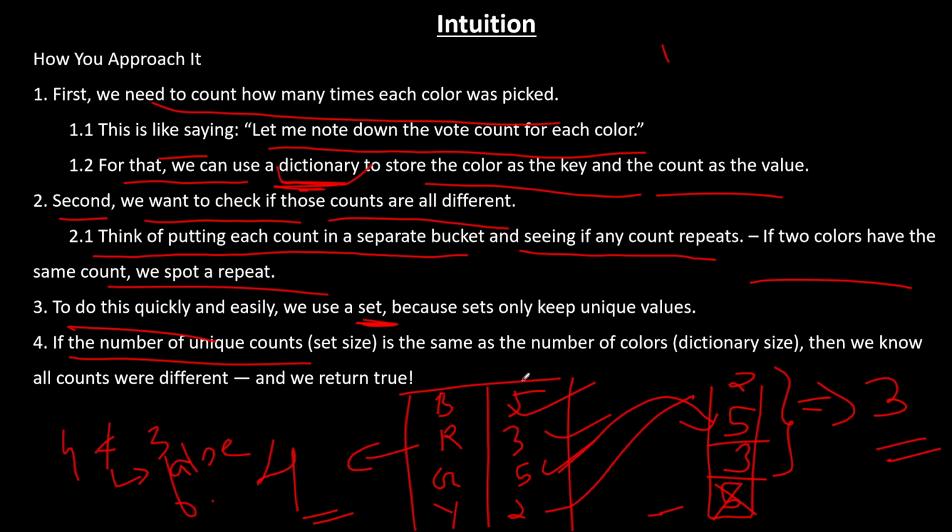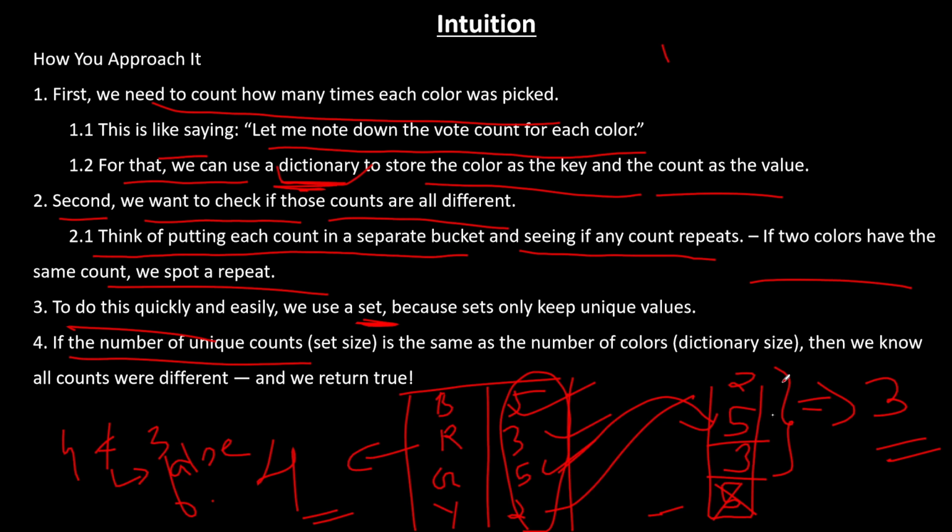Because if in the map or dictionary all the counts on the right-hand side had been unique, then the count in the set would also have been unique, because a set stores unique values. Since two of the counts repeated here, which is 5 and 5, the set will take only one 5, because it takes unique values. That's why the size reduces to 3.